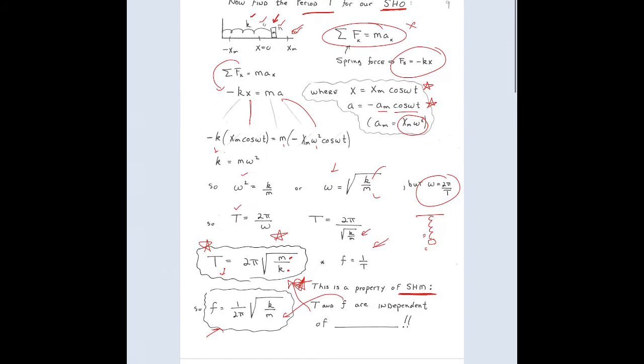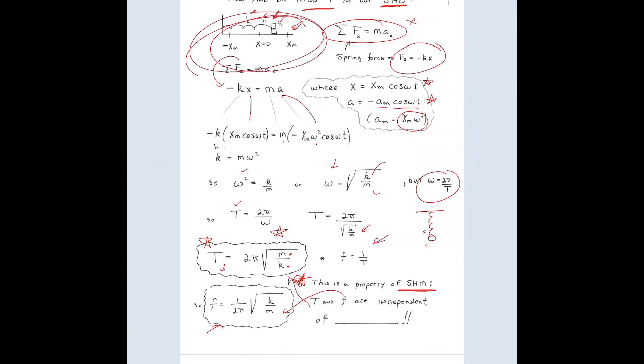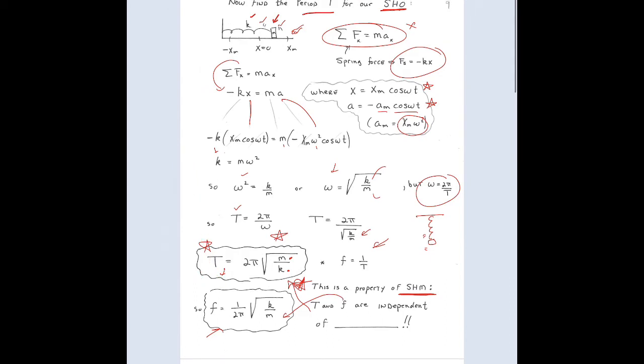If you look at the picture up here and then at the expressions we just found, there's another variable that you would think would affect the period and frequency that doesn't show up, and that's the amplitude.